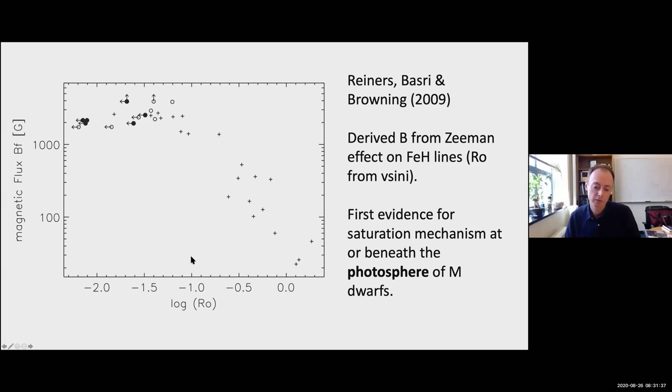And this is really the first evidence that the saturation mechanism is at or beneath the stellar photosphere. So this actually disfavors a stripping mechanism for creating that flat line. Now, it doesn't mean the stripping mechanism can't cause the supersaturation, which I'm not going to talk about. So there could still be coronal stripping, but this is evidence that the fundamental mechanism is either a spot filling factor, so the second one, or the dynamo itself.